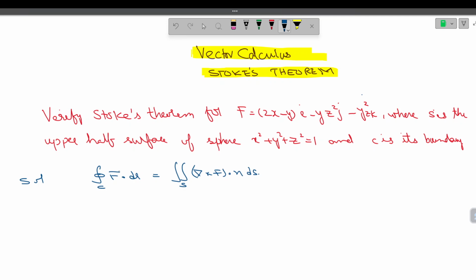This is the statement of the Stokes theorem. That means line integral equals surface integral. How are they connected? We are going by the Stokes theorem.